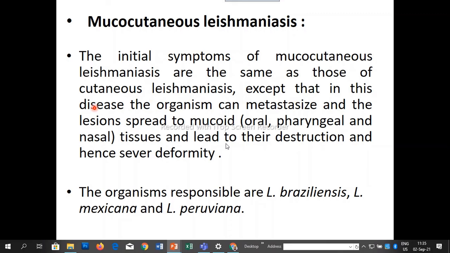You lose all of your beauty. The organisms responsible are Leishmania brasiliensis, mexicana, and peruviana.